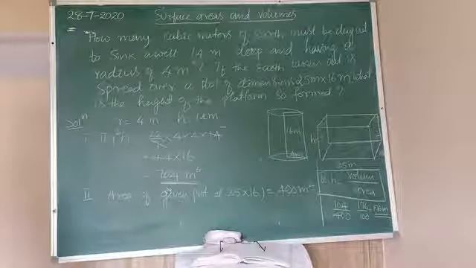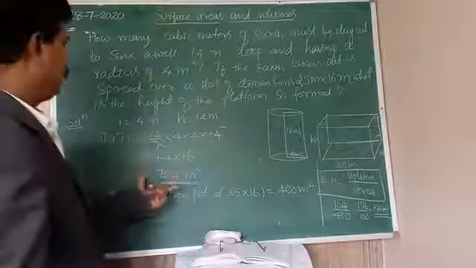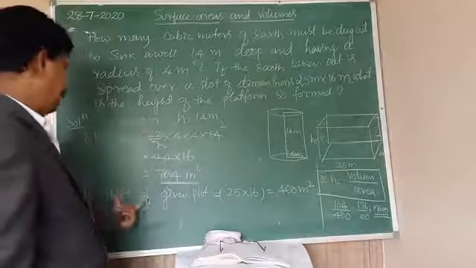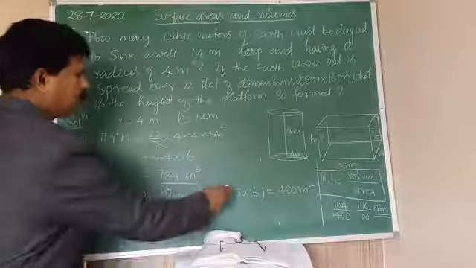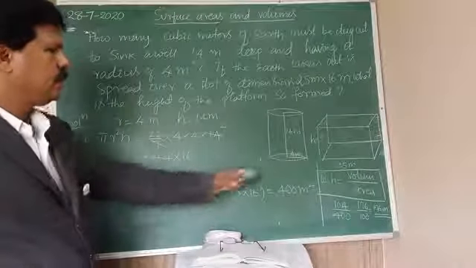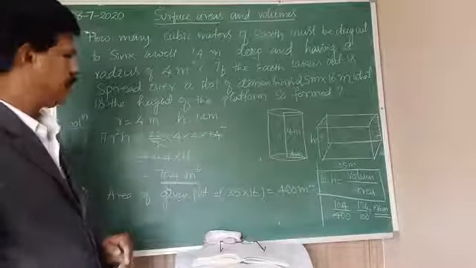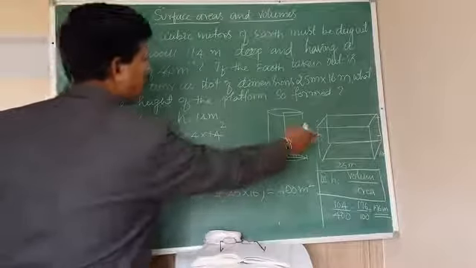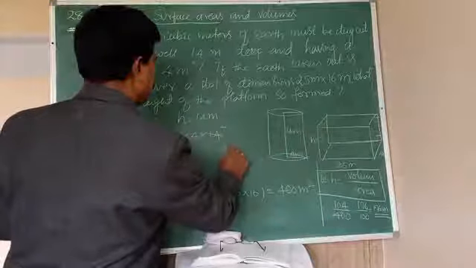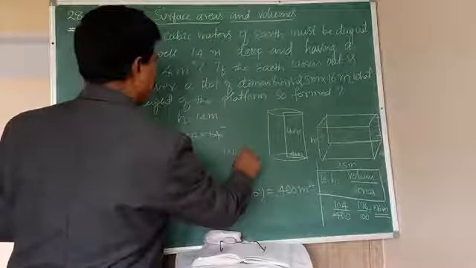Are you clear this? See, this is what the area of the given plot is, 25 into 16, that is 400 square meter. Now, this is the volume, and volume of the cuboid is length into breadth into height.